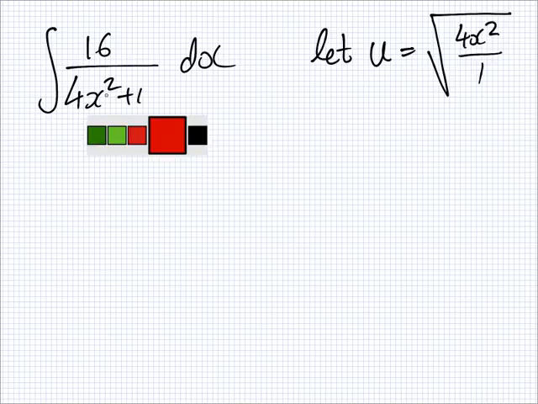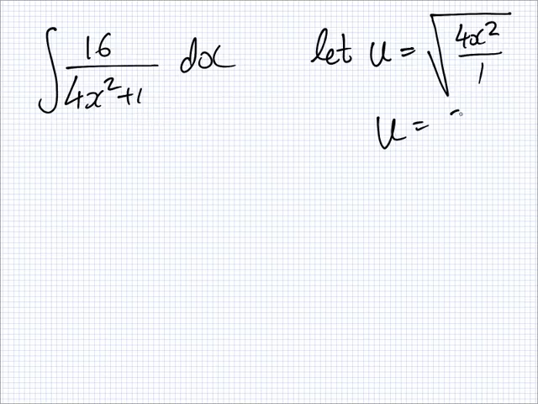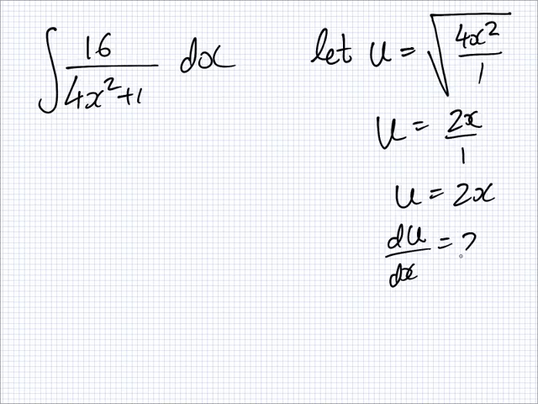You let u equal the square root of this piece over this piece. Now, you'll see why that's useful in a moment. That means u equals 2x over 1, so u equals 2x. So what does du dx equal? Well, that's 2.